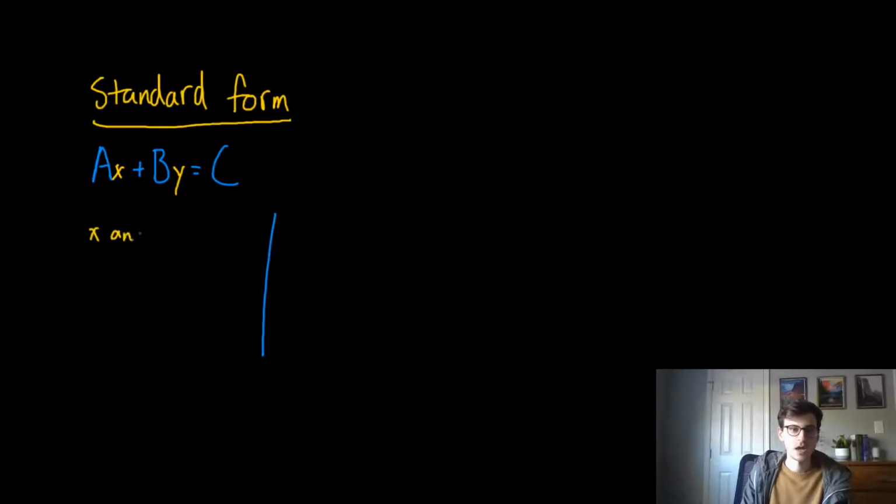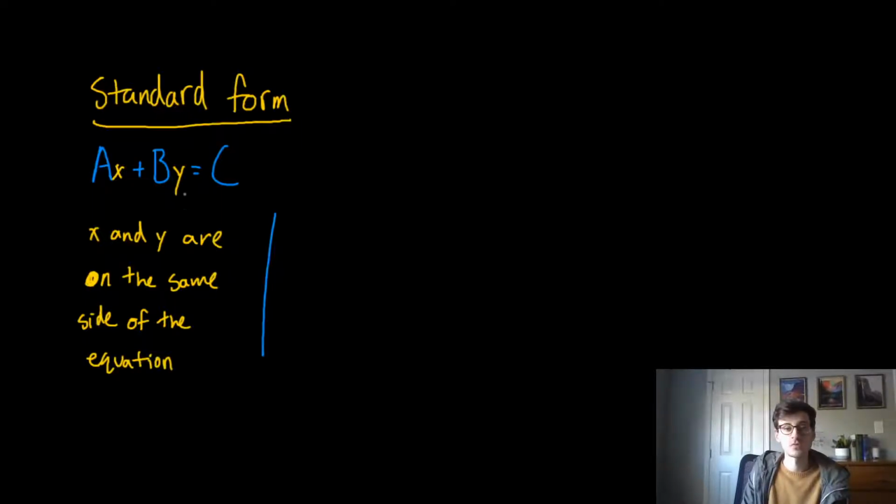X and y are on the same side of the equation. For standard form, x and y are on the same side of the equation, which is kind of weird. You don't see that a lot, but you see it in standard form.